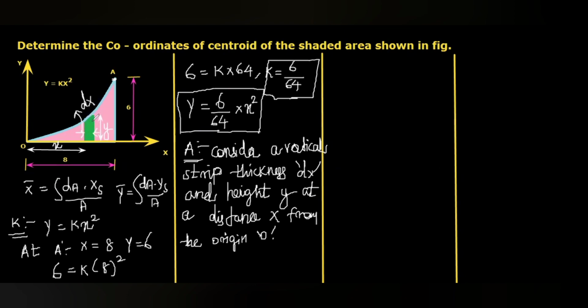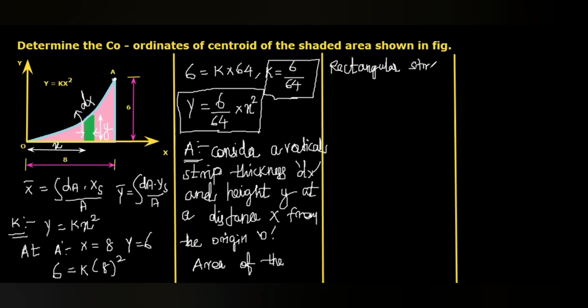So here actually area of the strip, okay, area of the rectangular strip, because it is in the form of rectangle. So for rectangle we know that it is the multiplication of the two dimensions, linear dimension and vertical dimension.